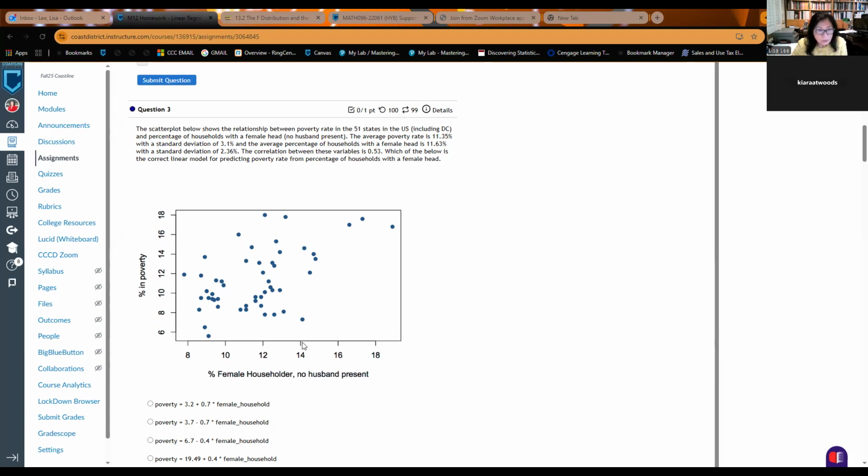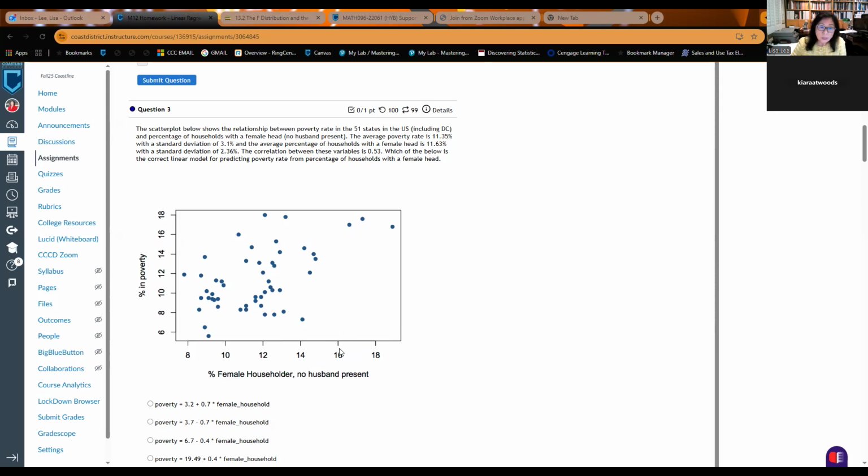Then let's pick another point, maybe the point 16 here. This state has 16 percent female households, and the poverty is also close to 17%.